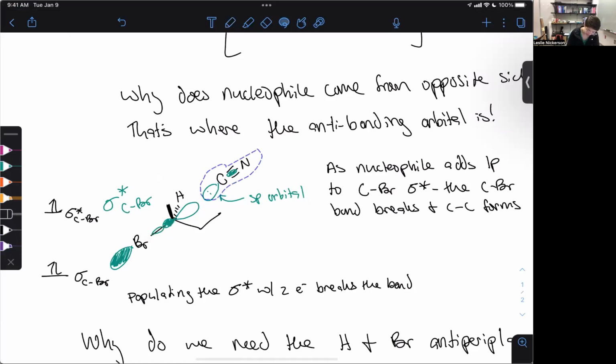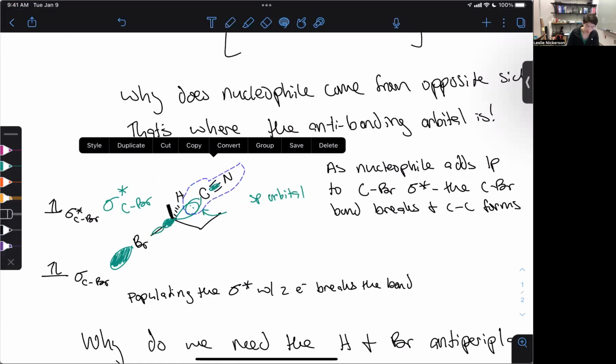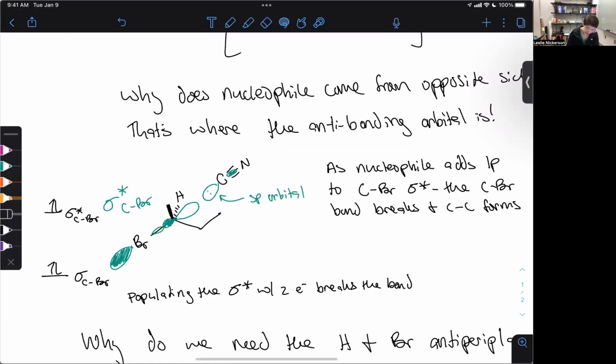Okay, so as we do this, then we're getting that formed together. Okay, so that's why the SN2 happens the way it does, because the antibonding orbital is what we have to line up with.